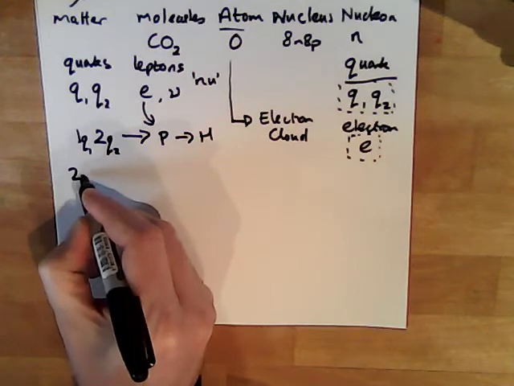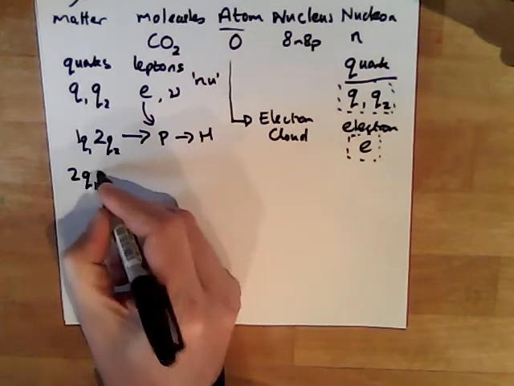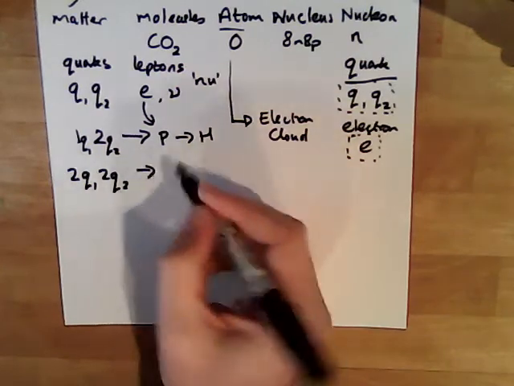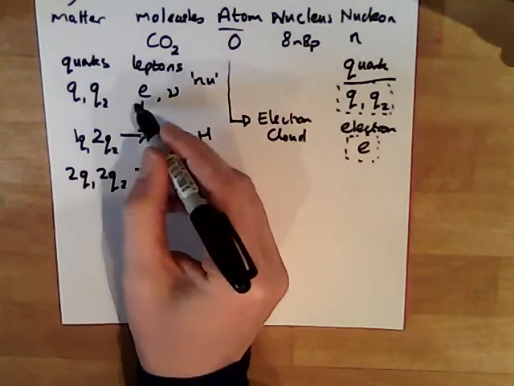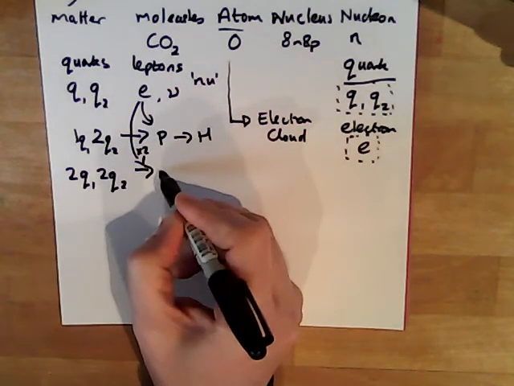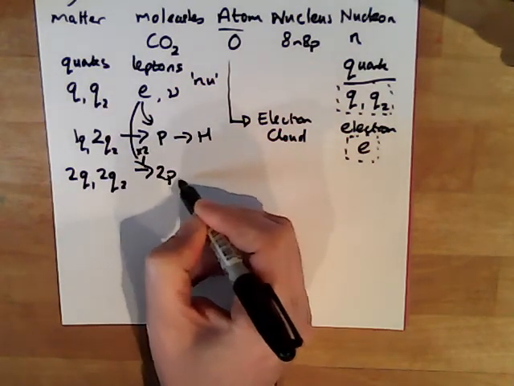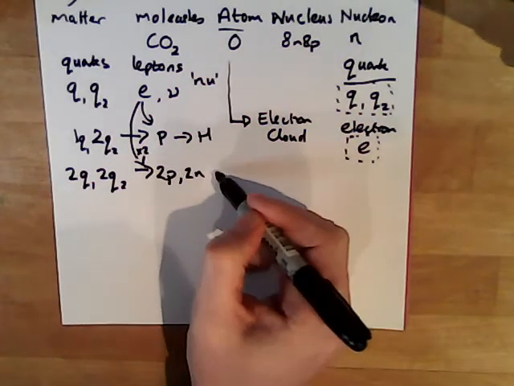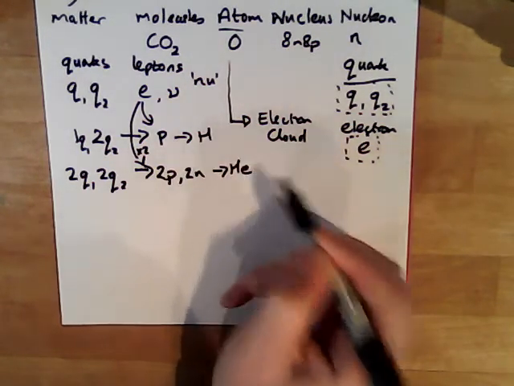If I were to take 2 types of quark 1, 2 types of quark 2, and I add to that 2 electrons, then I have 2 protons. I can make 2 protons, 2 neutrons, add the 2 electrons, I have a helium atom.